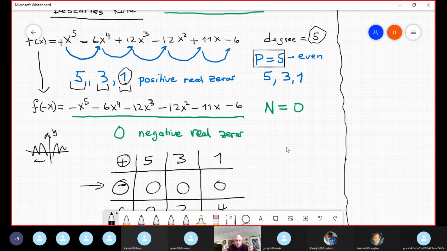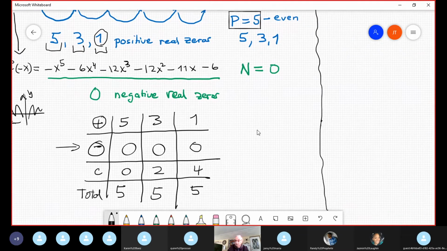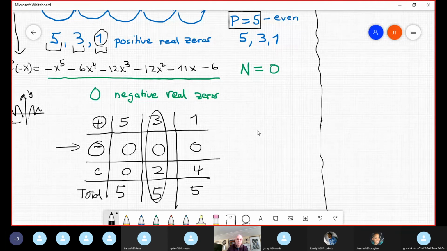When it's 0, entonces definitely Descartes tells me que we have no negative real zeros. Good. I like that. I create one chart, one table to illustrate the possible combinations that we have. I need to investigate which combination is right, and I have no idea.